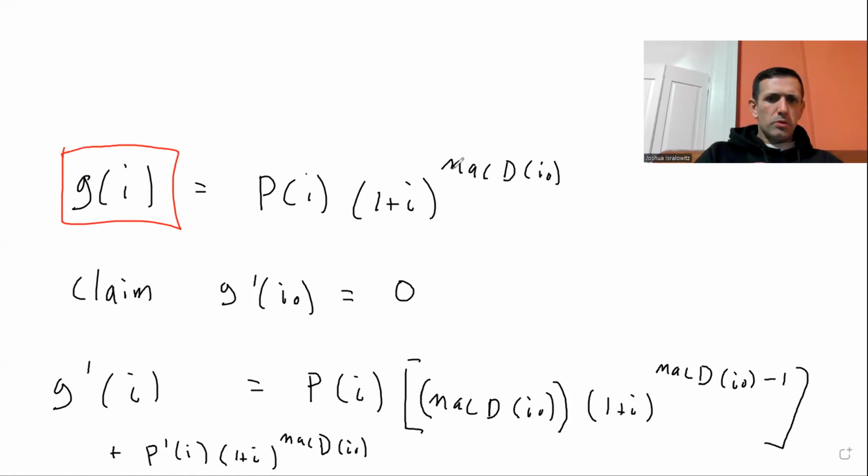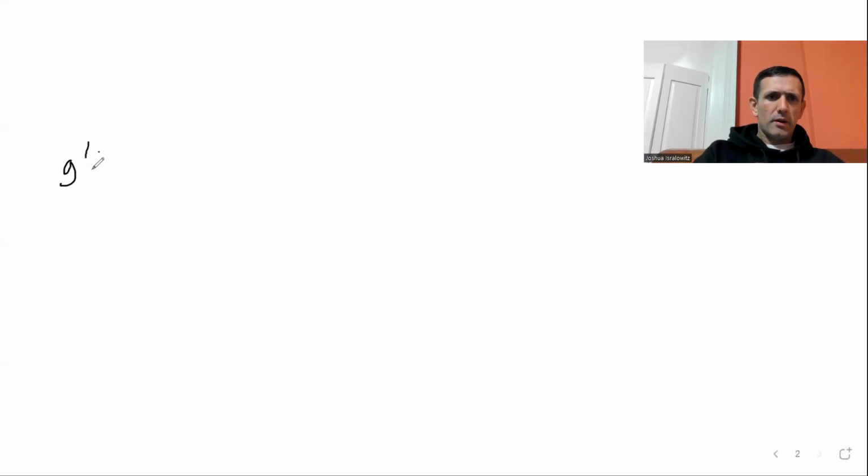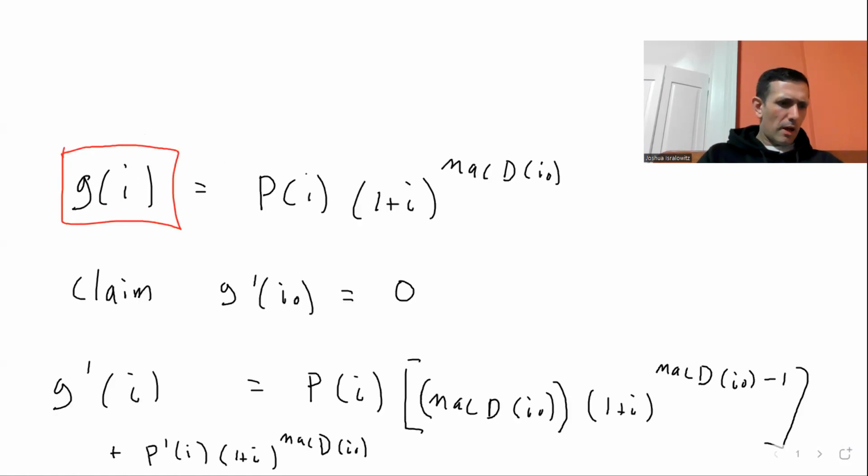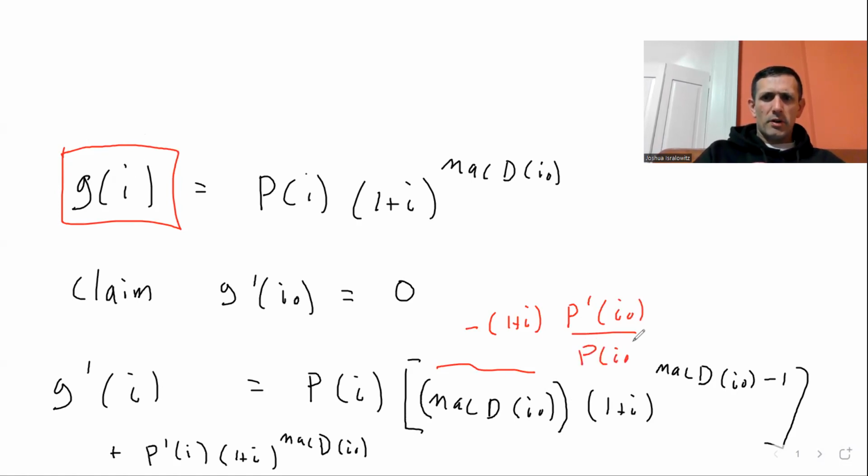All right, so plug in I0, we get, so first, before I do anything, what is this? This is minus 1 plus I, P prime of I0 over P of I0.